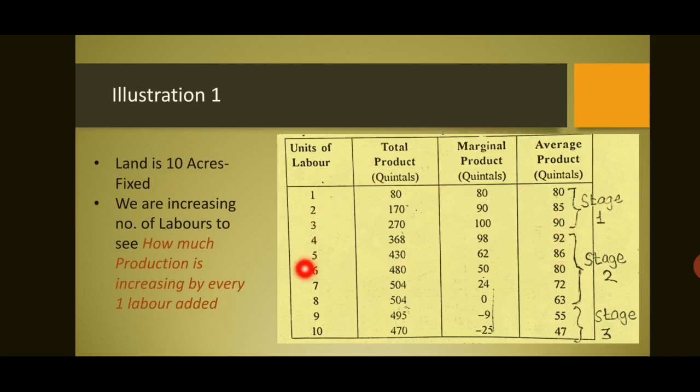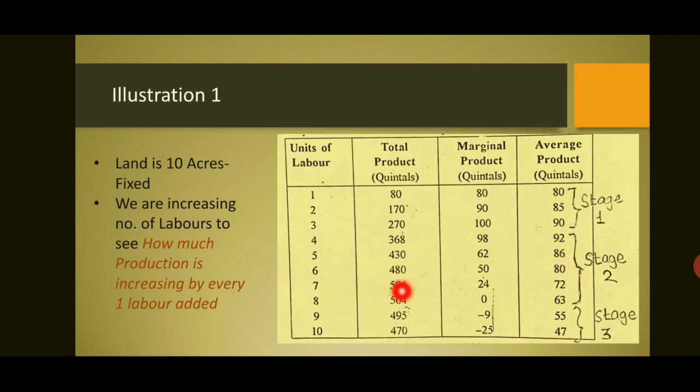Then we have added one more labor, that produce 430 quintals. Divided by all the labors, that is 86. Then we have added one more labor. Our total production is 480. Divided by 6, that is 80.